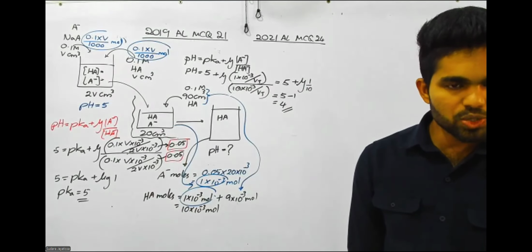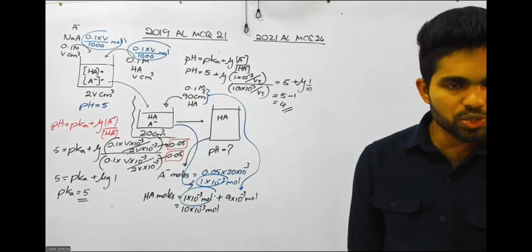Log 1 over 1 plus V equals minus 1. If you remove the log part, 1 over 1 plus V equals 1 over 10. You do the antilog.